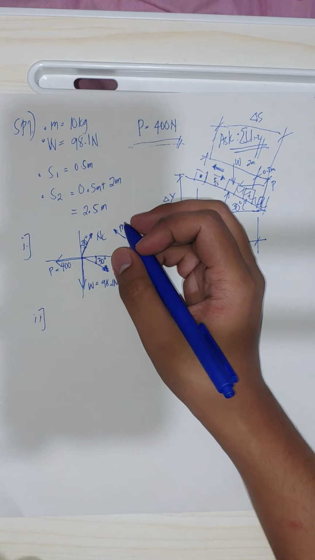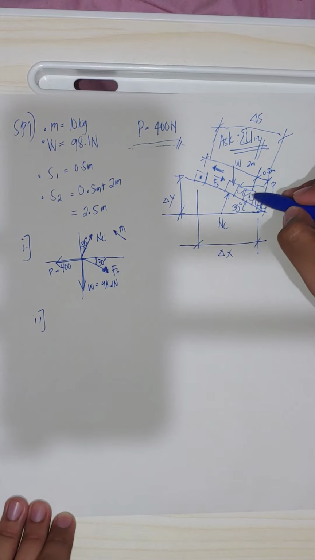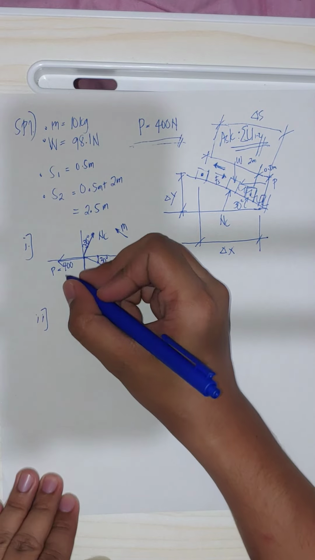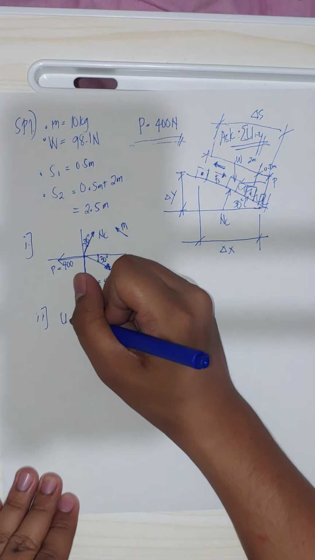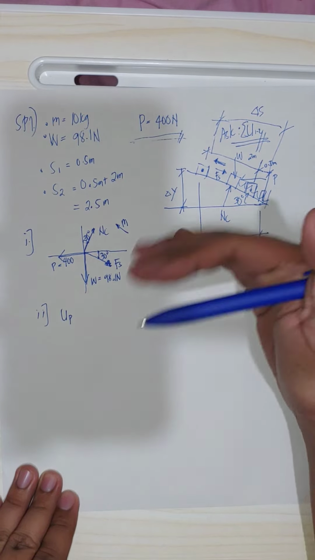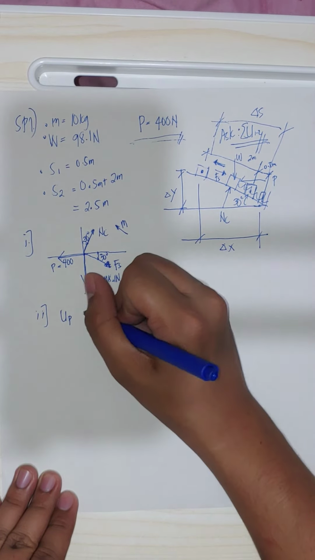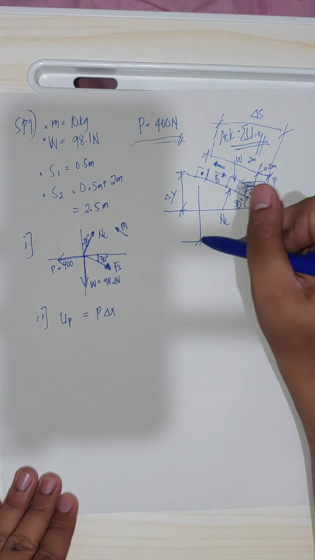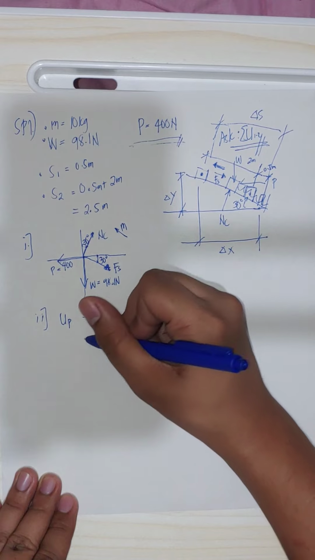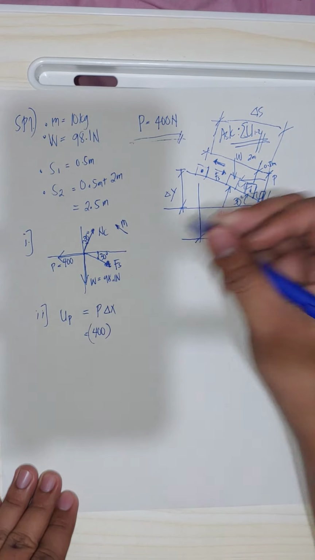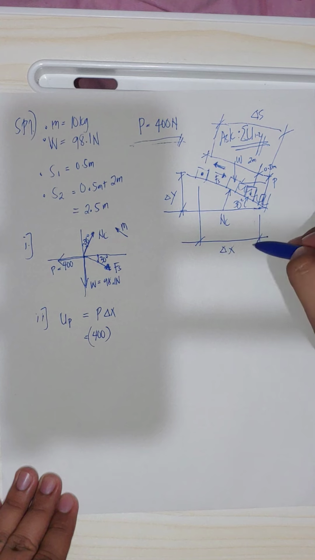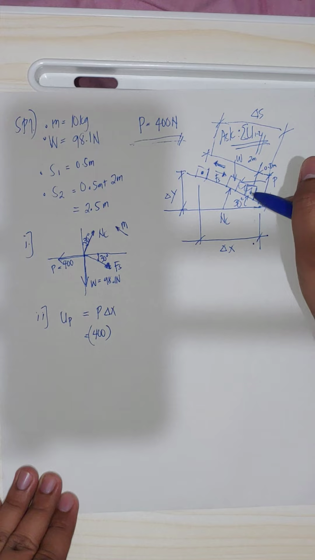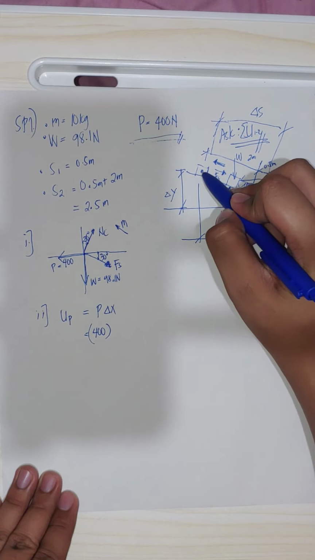So we have the work done. Our initial position is from this 0.5. So the work done due to, let's say, the force P. This force P is along the horizontal. So what we do is the force P times the displacement along X. So we have 400 newtons times how much is our displacement along X. The initial position is 0.5, and then it moves up 2 meters.